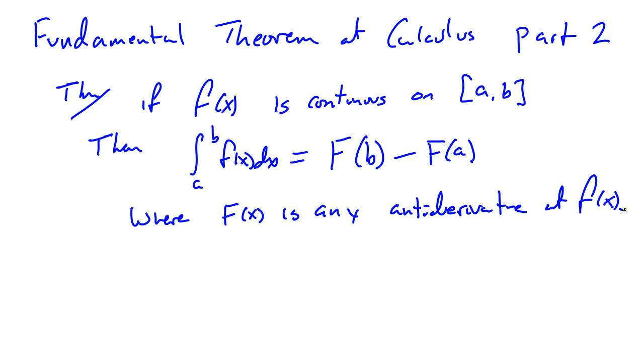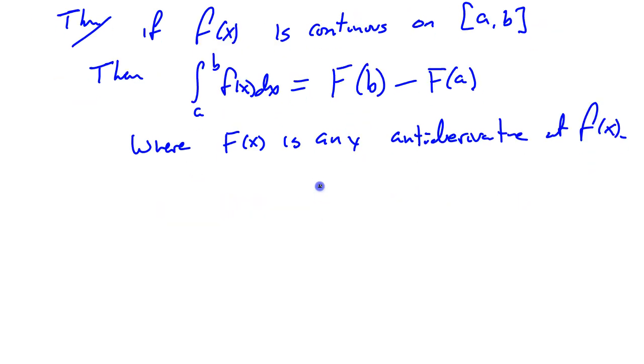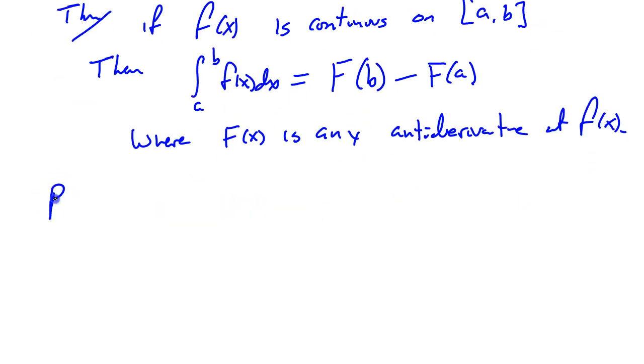Now we know from the first part of the fundamental theorem that little f, because it's continuous, does have an antiderivative, so it's got a whole bunch of them. In fact, that's going to lead us right into the proof here.